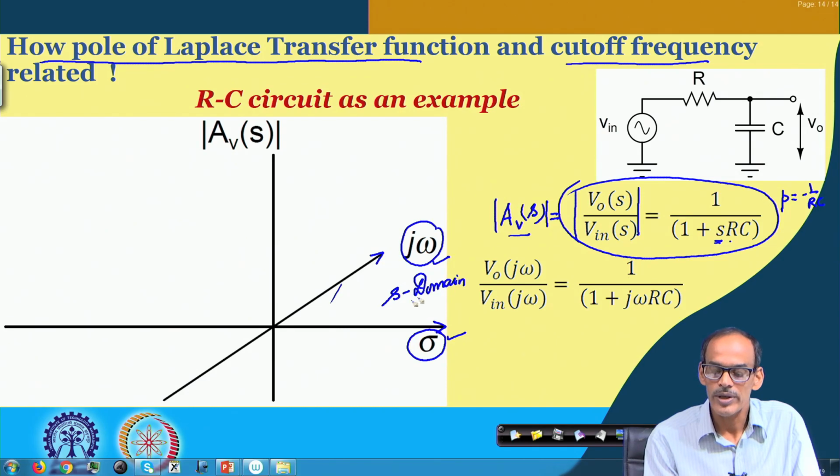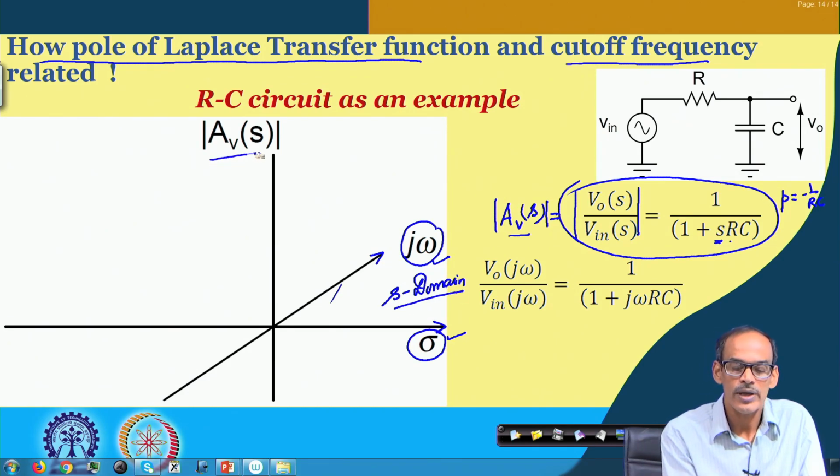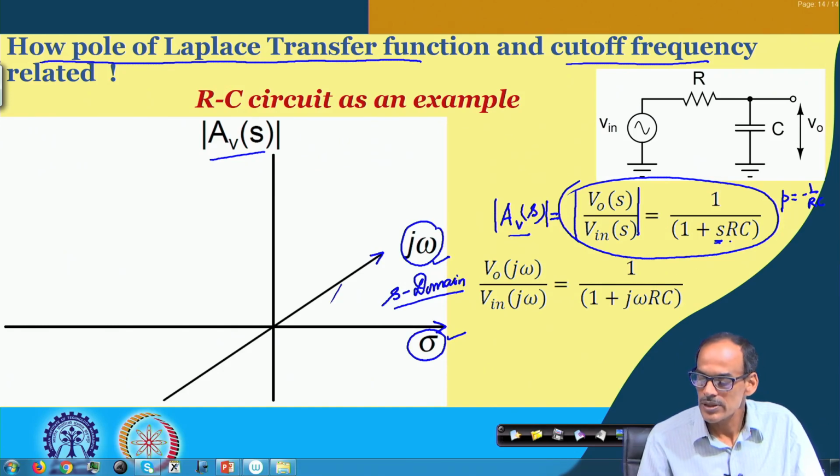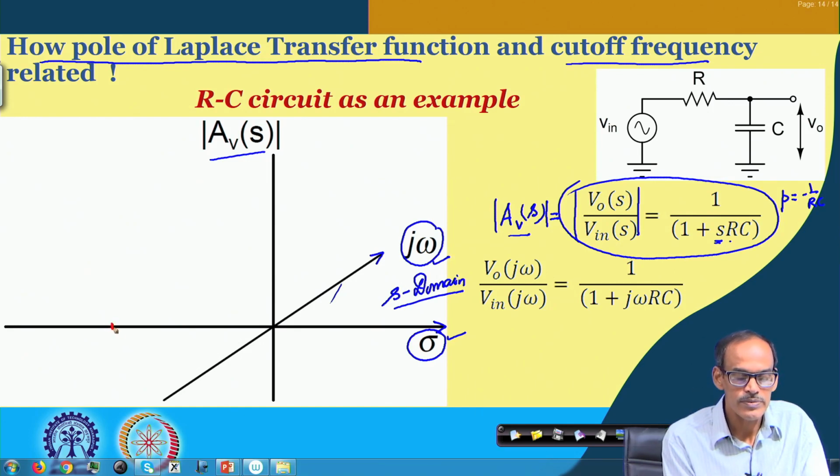So, over this S domain, if we plot the magnitude of this transfer function, since it has a pole, let me consider this one, at minus 1 by RC.